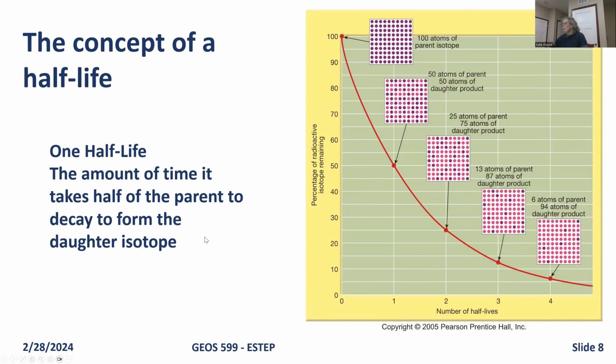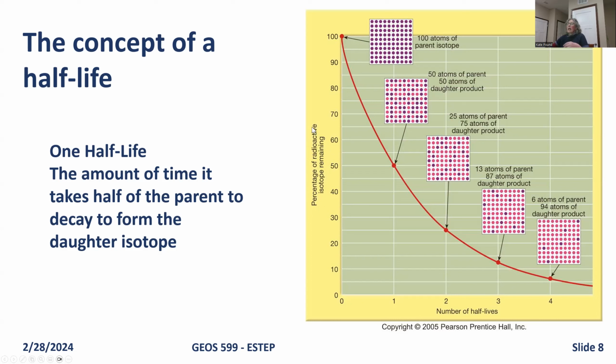So what we've got here on the right is a graph, and we've got number of half-lives. So at one half-life, half of the parent will have decayed to produce the daughter isotope. So let's look at the y-axis, and the title here is percentage of radioactive isotope remaining.